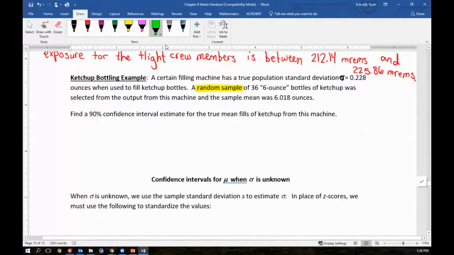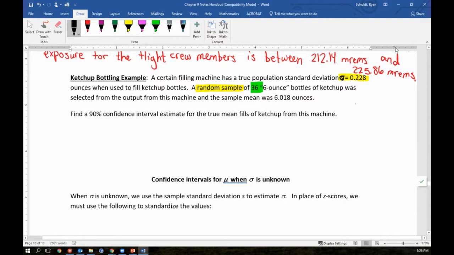Is it large? How do we know it's large? Greater than 30. 36 is our sample size. Do we know sigma? Yes. Sigma is 0.228. So do we meet all the requirements? Yes.